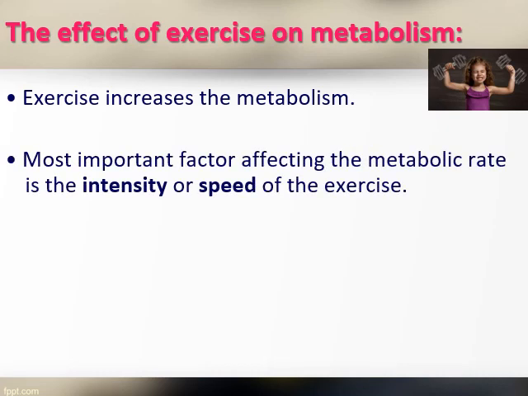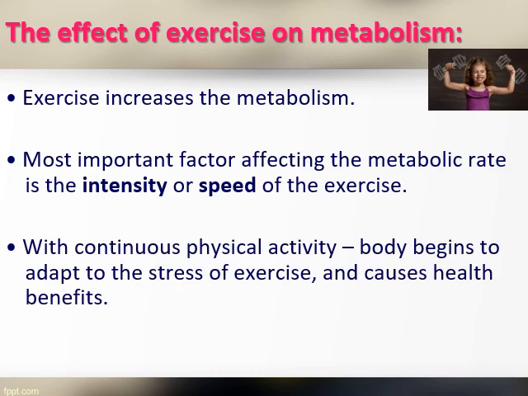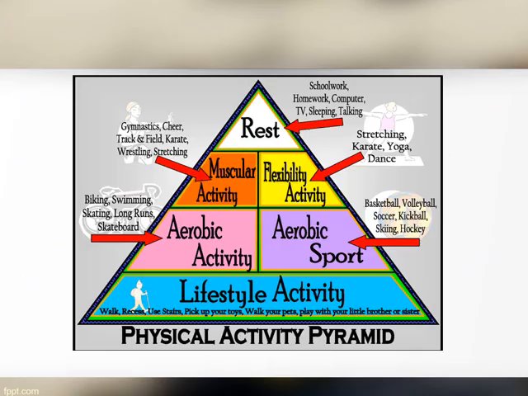The most important factor affecting the metabolic rate is the intensity or speed of the exercise. With continuous physical activity, the body begins to adapt to the stress of exercise and causes health benefits. You have to take a look at this figure, which is the physical activity pyramid, expressing the recommended physical activity.